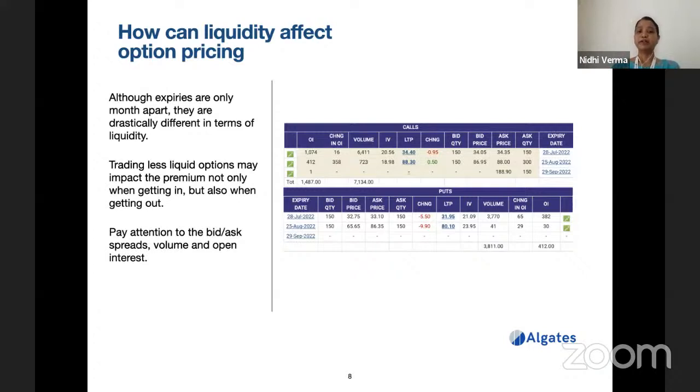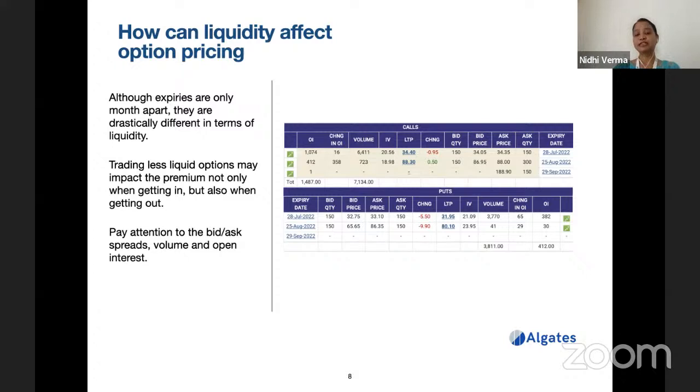And the volume in that particular option is very huge compared to the next month expiry, 25th August 2022. The change in volume is 6,000 plus, and the next month option is only 723. So how is the sheer volume impacting the price, or your trade?